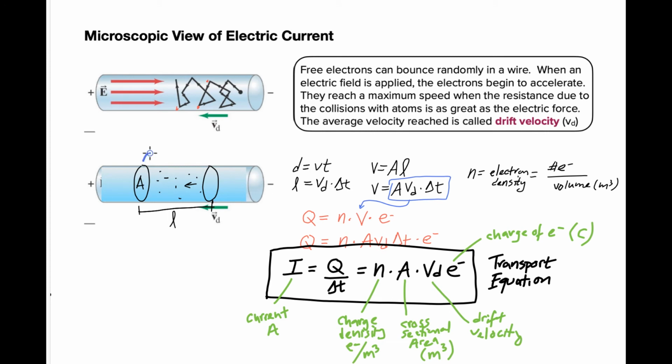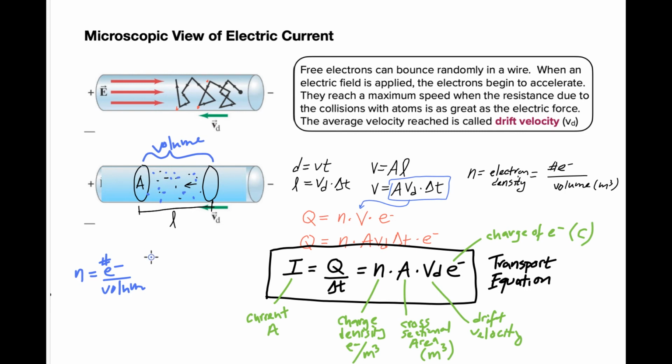Once again, we have some kind of a volume and it has a certain amount of electrons in it. So that's our electron density. So electron density is the number of electrons we have in our volume in our picture right here.